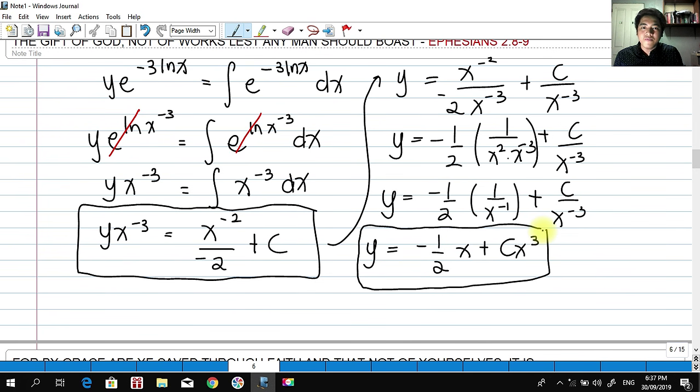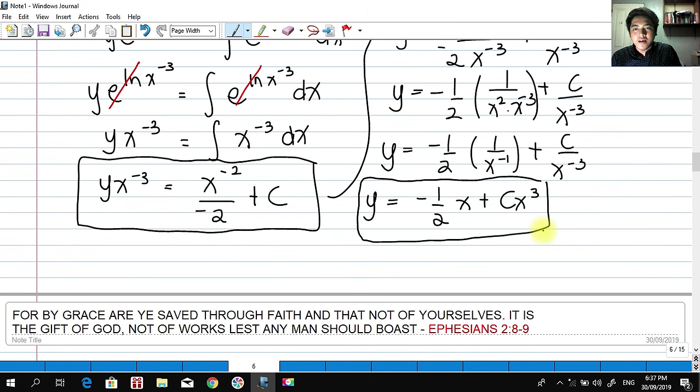And of course, some problems, even books, leave the other side of the equation as c. So another possible answer is that we have 2y is equal to negative x. If I'm going to multiply both sides of the equation by 2, notice that this c would still not be affected because it is a constant here.